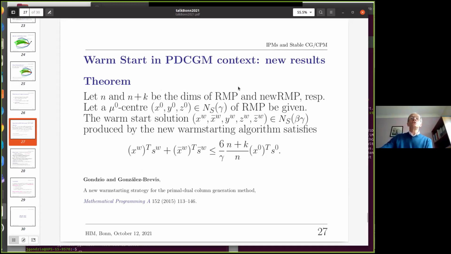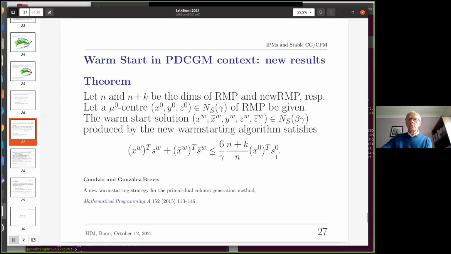If we consider these two restricted master problems, the subsequent ones, one of size n and the new one of size n plus k, assuming we had a good mean center in the symmetric neighborhood of the central path of the old RMP, we will be able to find a warm starting solution in the slightly widened symmetric neighborhood for the new problem, such that the duality gap, the complementarity gap as it is written here, is not significantly larger than the previous one.